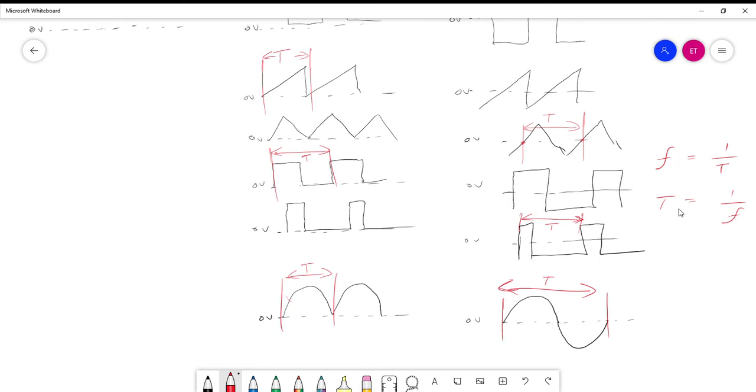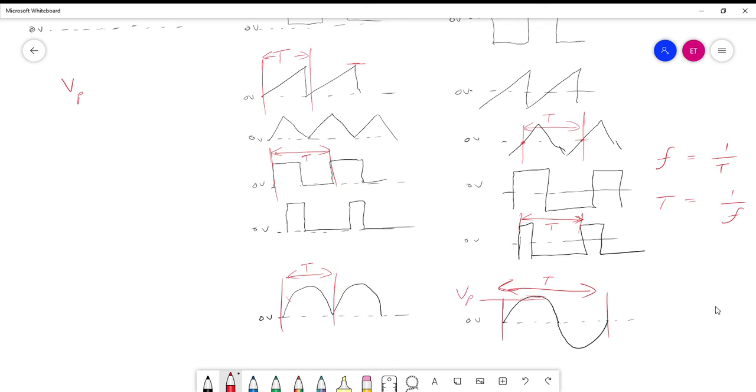So some of the parameters that we have to get comfortable with, well, we already mentioned frequency and period. There'll be things like peak voltage, and that's just what you would think. It's the uppermost voltage. What's the maximum voltage it goes to? So if I go back down to my sine wave here, here's my peak voltage, right?